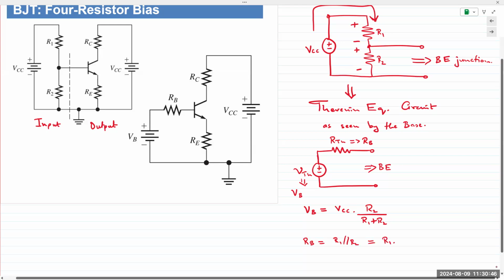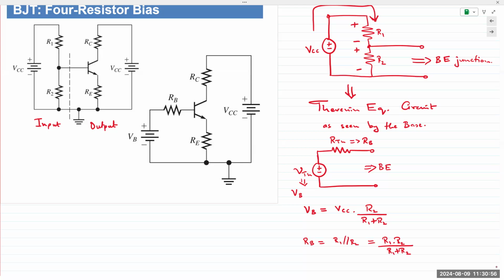So this means it is the product of R1, R2 divided by R1 plus R2. Okay. Nothing that is really new in this sense. This is from 201. The only thing we are doing is we are using a single power supply to create two different ones.